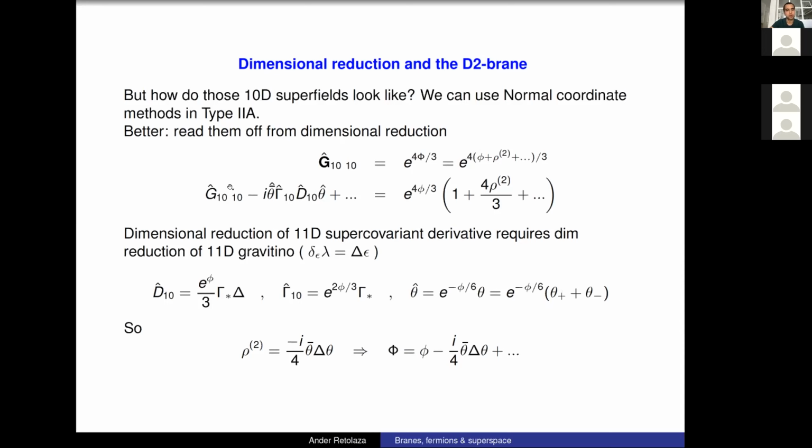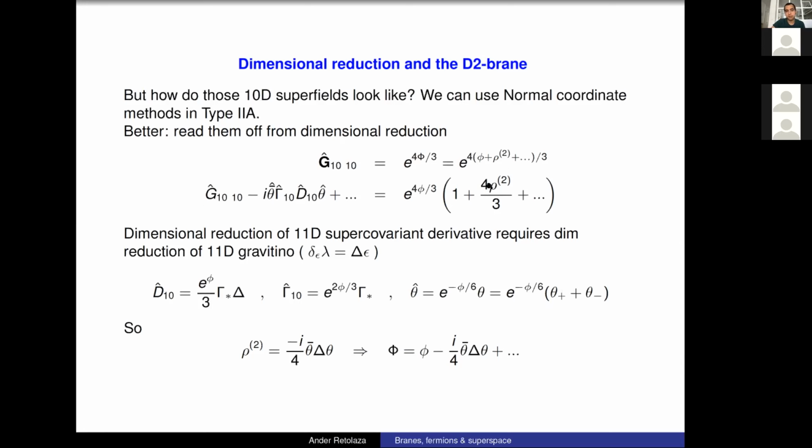Here I have the usual bosonic metric, and a fermion bilinear that appears in the 11-dimensional metric, which has this form. Whereas for the dilaton, I have this rho, which is some fermion bilinear, and I don't know what it looks like. Actually, the goal is to learn what this fermion bilinear looks like. So now I have the Taylor expansion, and I need to identify things order by order in fermions.